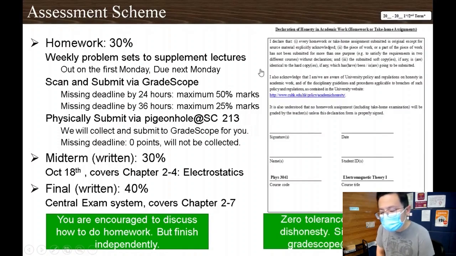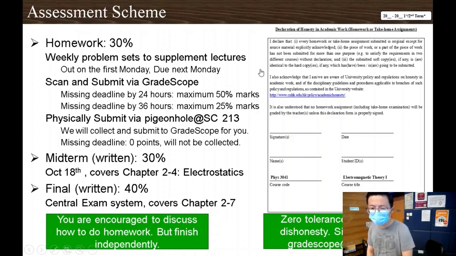Okay, the first homework is simply to sign the form about academic honesty. I think you can already find the PDF online, from Gradescope. What you need to do is to provide the signature, date, name, and student ID.